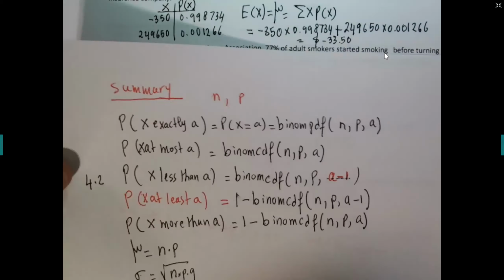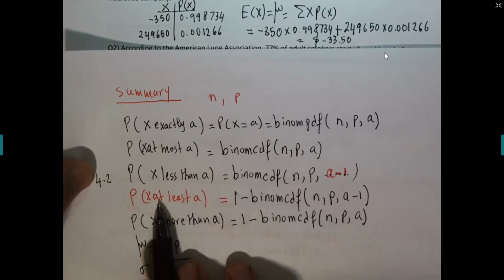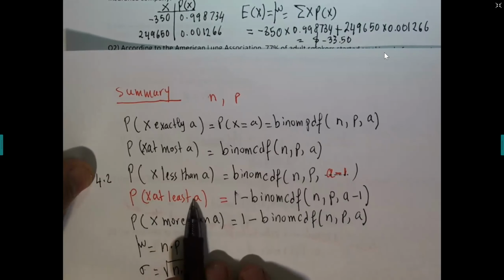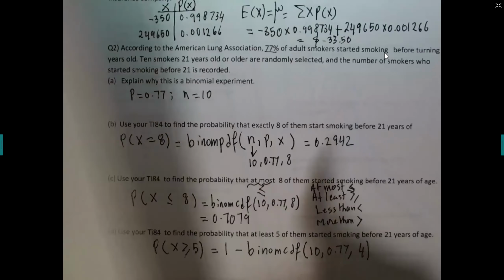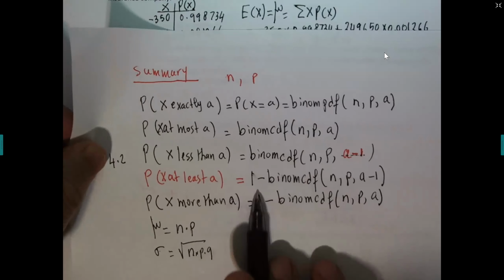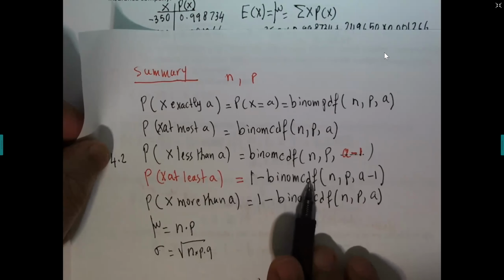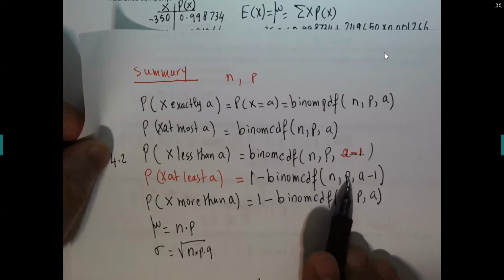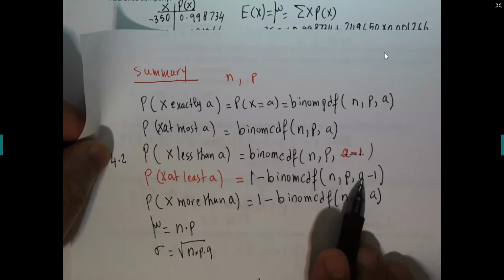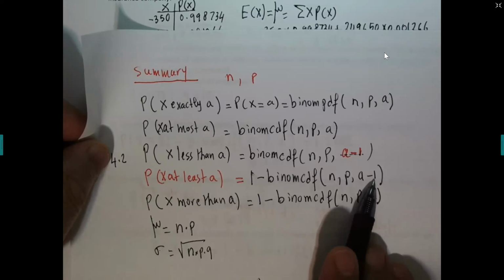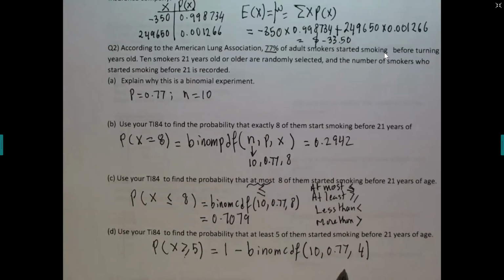Look, guys, right here. Probability of X at least A, which is here at least 5. Look what you do. 1 minus binomCDF N, P, and then you do A minus 1, 5 minus 1, which is 4. And that's exactly what I did here.